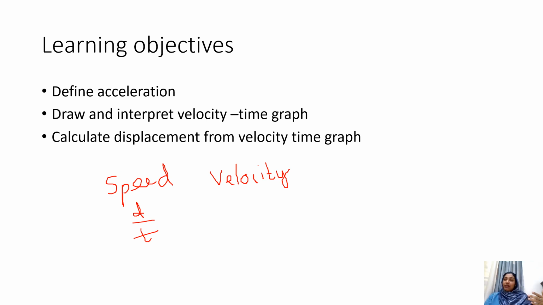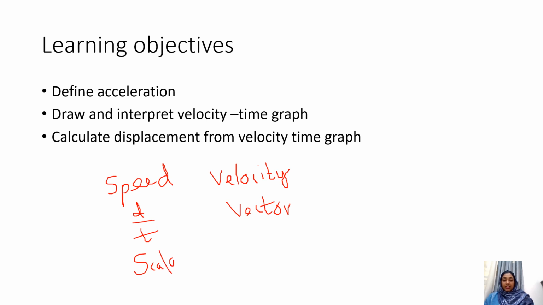Distance with respect to time is speed, and displacement with respect to time is velocity. That's the difference. Velocity is a vector quantity, speed is a scalar quantity. You should remember these things. So shall we move?